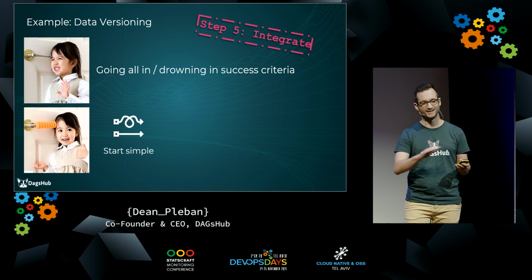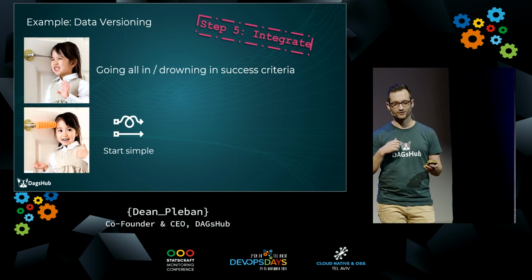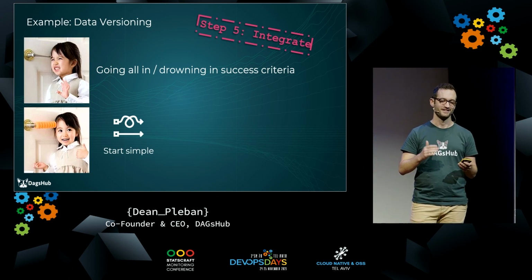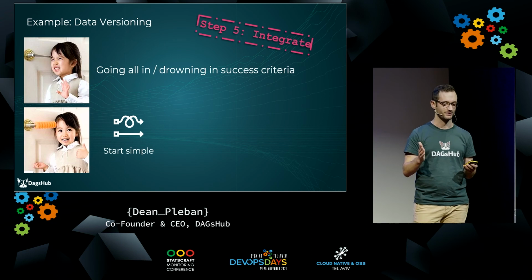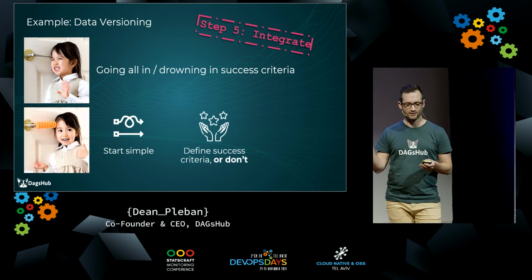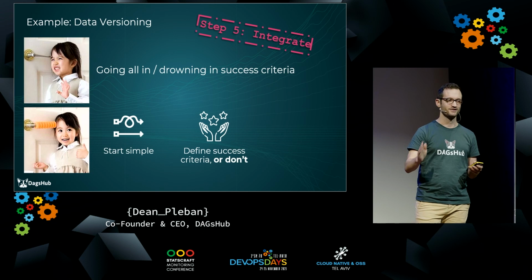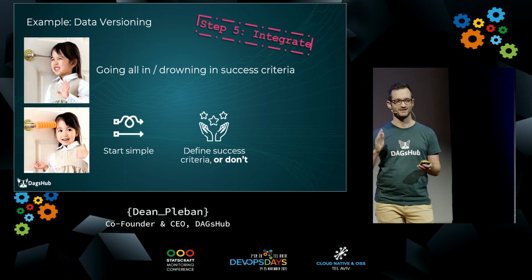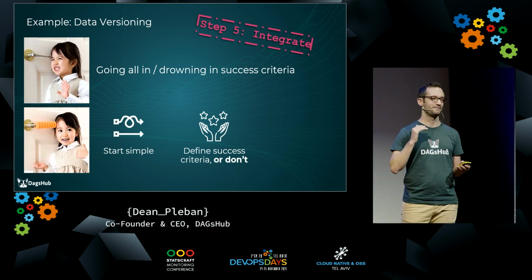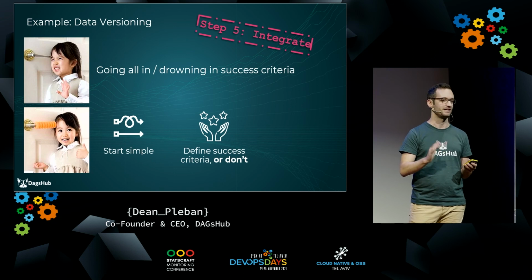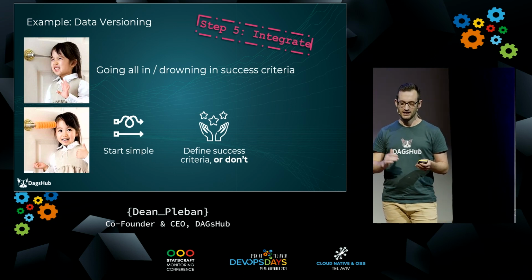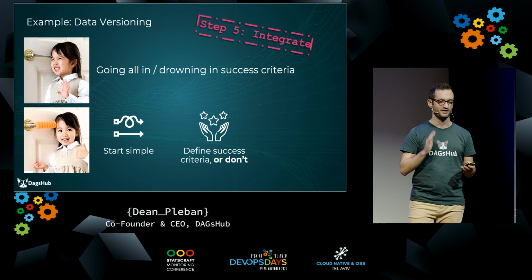You will learn a ton from this first round, and it will save you a lot of tears and time to do it gradually. This is the part where everyone says you should define clear success criteria so you can analyze the cost benefit of the tool and make sure that it makes sense for your company or team to integrate it. And I think that's a great idea in theory.